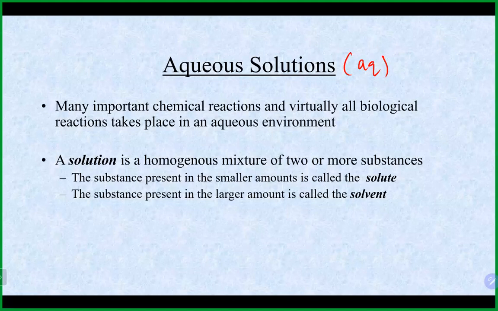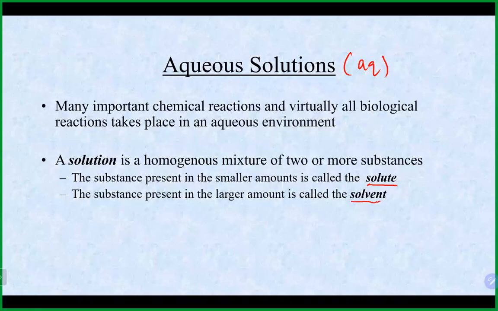There are two main parts to a solution. There's the substance that's there in the smaller amount, and that's what's referred to as a solute. Typically, that solute is dissolved in the larger part of the solution, which is known as the solvent. A lot of times, but not in all cases, the solvent is water, which is a very common solvent.